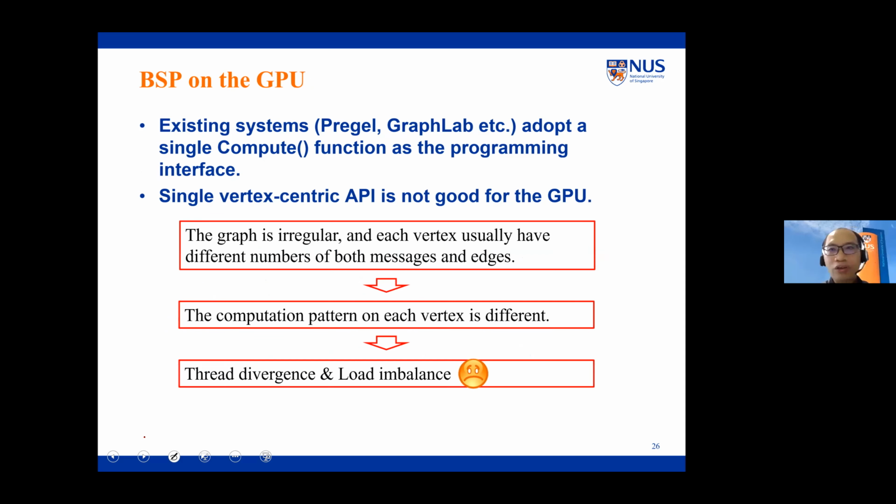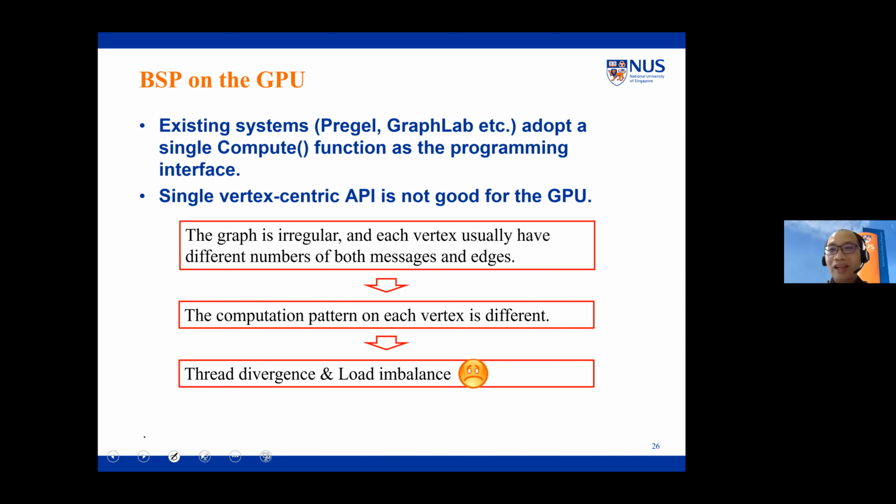One thing I want to highlight is that almost 10 years ago, we started the project Medusa. We found that Pregel and GraphLab adopt a single API called compute, on a per-vertex basis. This kind of single vertex-centric API is not efficient for GPUs with thousands of threads.